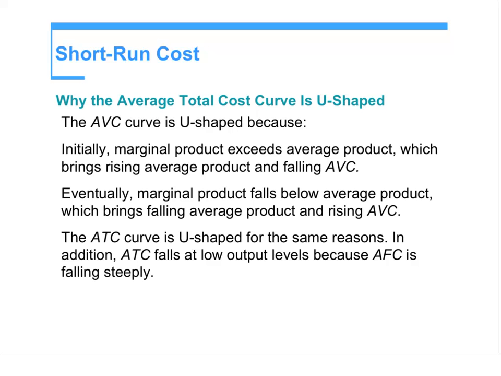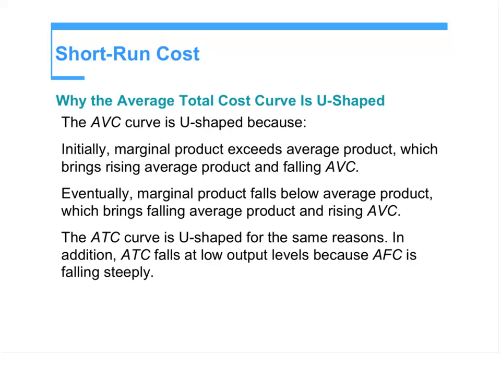That's overall output divided by the labor, which brings rising average product and falling average variable cost. Eventually, marginal product falls below average product, so the increase in the output will become less than the average product.